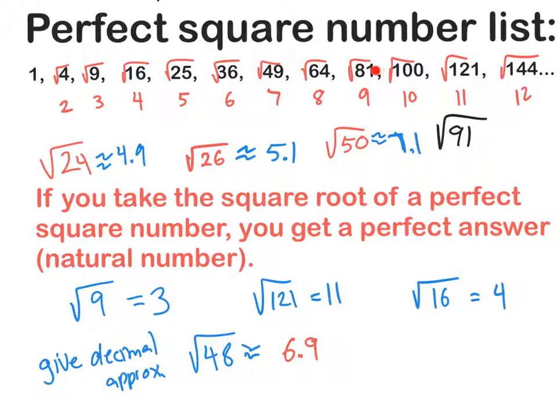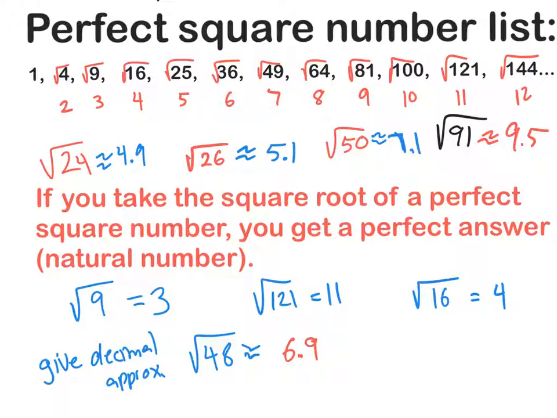No. It's between 9 and 10. Now, is it super close to the 9 or super close to the 10? Is 91 super close to 81 or super close to 100? Or is it kind of in the middle? It's kind of in the middle. So what would a good decimal approximation be? 9.5, kind of in the middle.